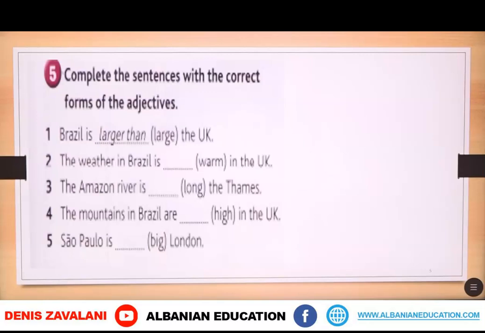So we put him, her, it aside. Like Brazil is larger than the UK, so we have Brazil and the UK, so we are comparing both of them. Now check the rest of them, and then we will see if you use the right ones.